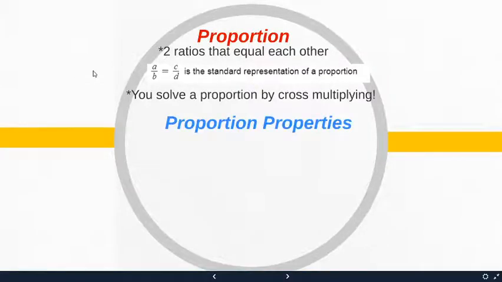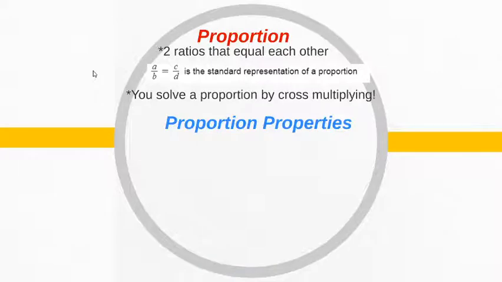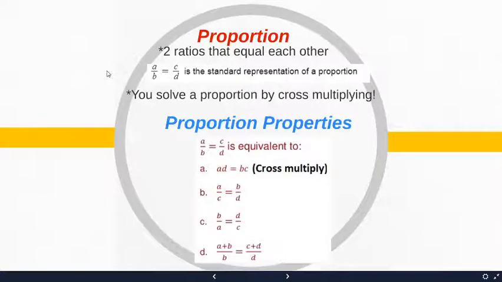Now, there are certain properties about proportions that we're going to go over, which you guys did an activity to discover. If you have the proportion A over B equals C over D, all of these statements down here are equivalent to this statement. So you could rewrite this as any of these statements.